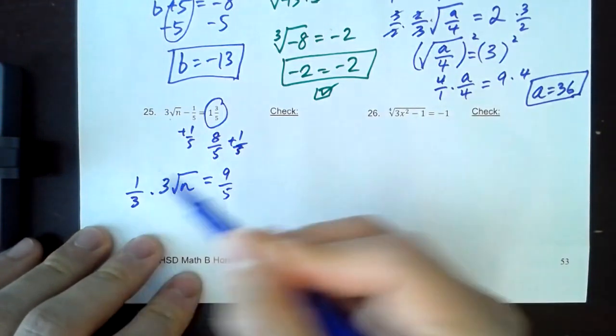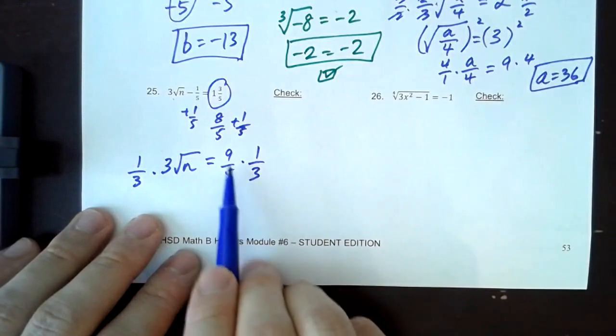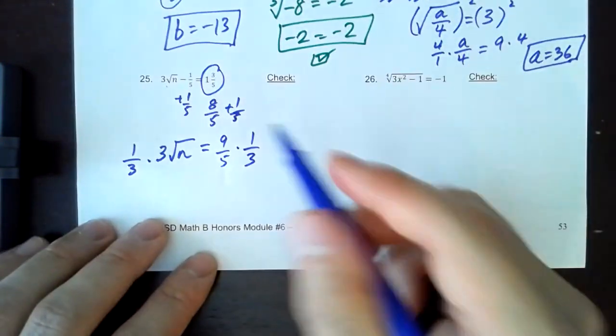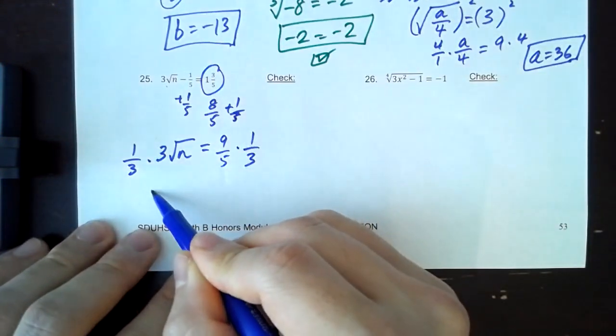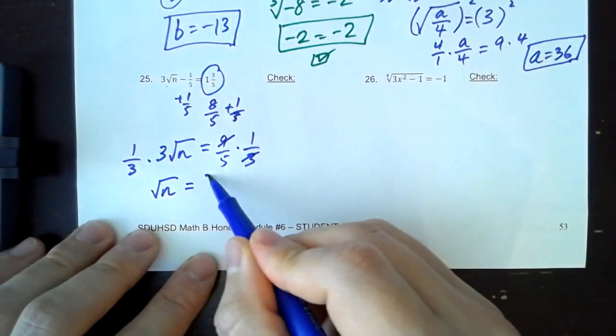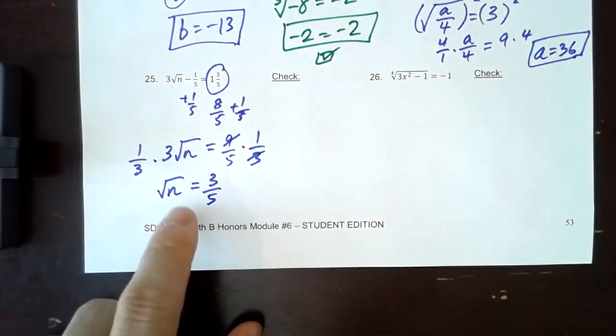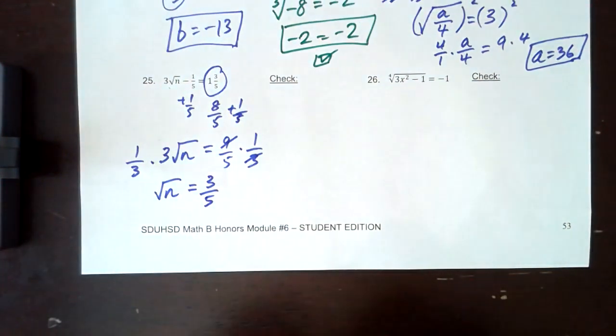You multiply by 1/3. Notice how I like multiplying by 1/3 instead of dividing by 3, because we're already working with a fraction. So you want to get the square root of n is equal to 3/5. You can already tell that this works because the square root of n is a positive number.